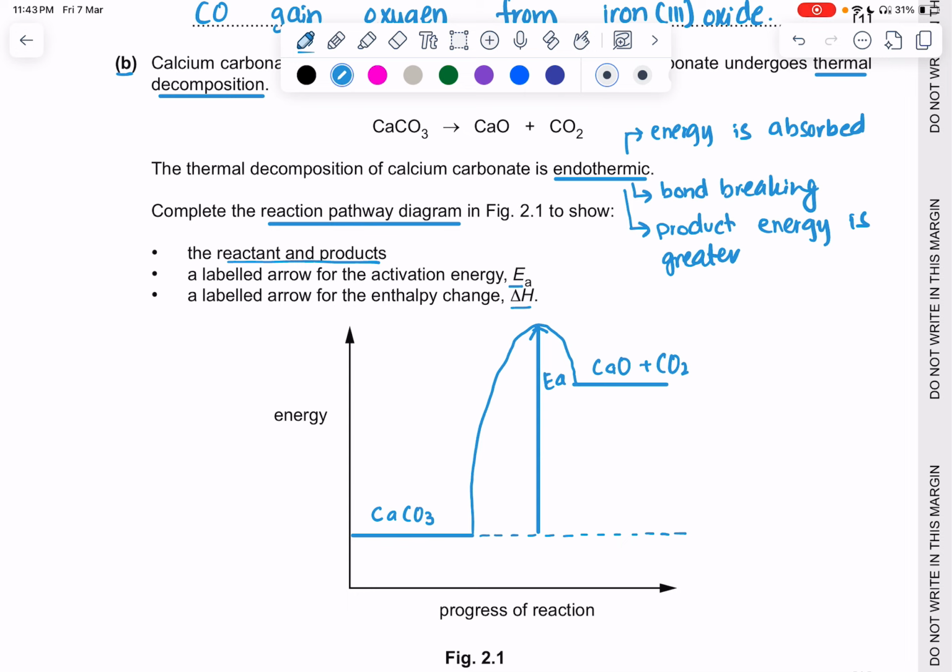EA is the minimum energy that is required by the reactant particles to start a chemical reaction. And from reactant to the product, it is the enthalpy change, the energy change during a chemical reaction. Make sure you draw the arrowhead pointed towards the product only, and the arrowhead of the activation energy pointed towards the top of the peak. So this is the diagram.